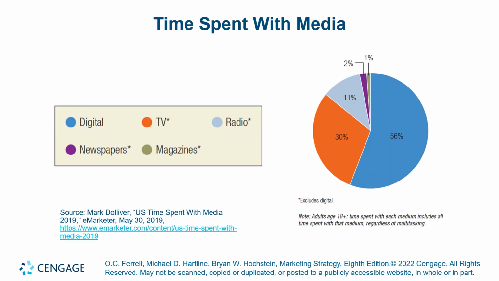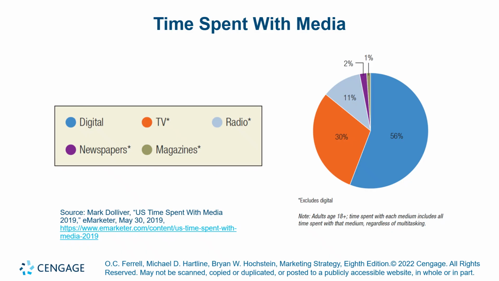This chart shows the time people spend with media. The blue is digital, 56%. This is for adults age 18 and above. Time spent with each medium includes all time spent with that medium, regardless of multitasking.